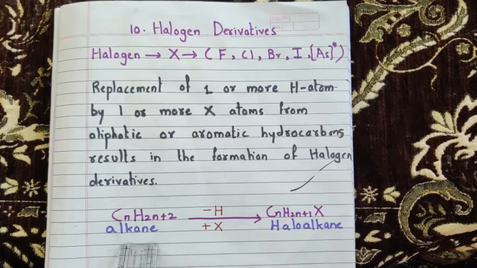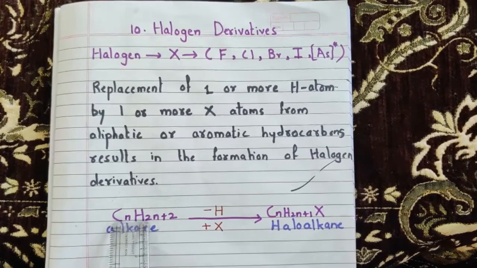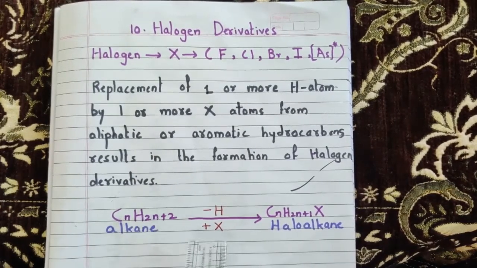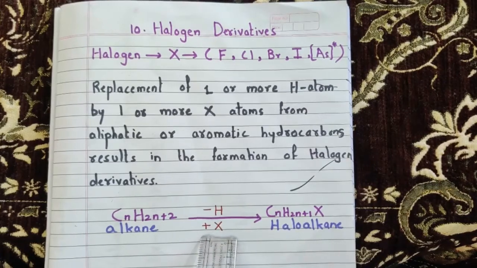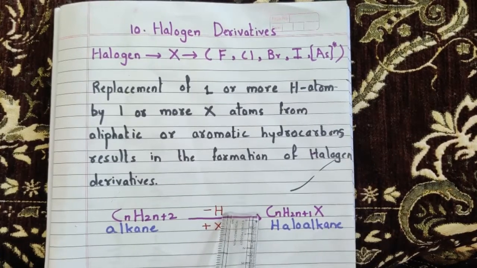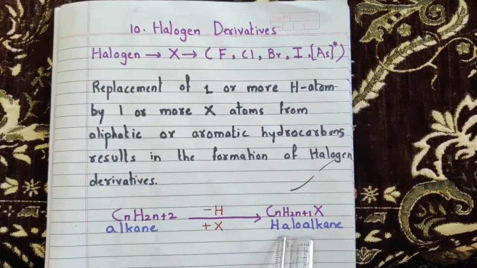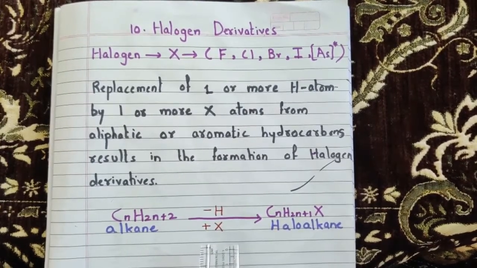Suppose an alkane that is represented by a general molecular formula CnH2n+2 is substituted by halogen atom by removing one of the hydrogen atoms. You will get a haloalkane. I hope you all remember the meaning of substitution.